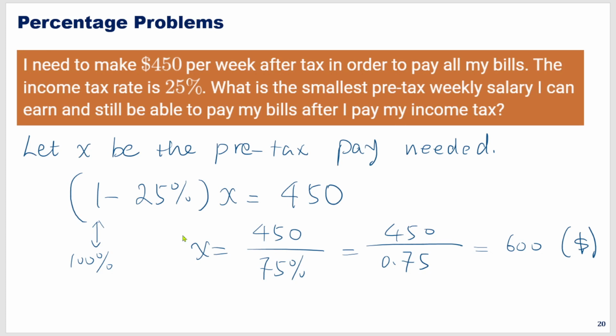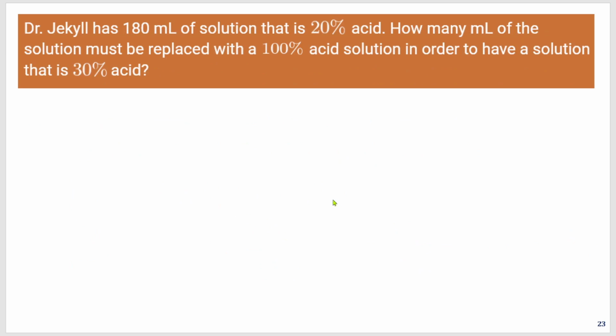Alright, so let's consider another question here. Dr. Jekyll has 180 milliliters of a solution that is 20% acid. How many milliliters of the solution must be replaced with a 100% acid solution in order to have a solution that is 30% acid?